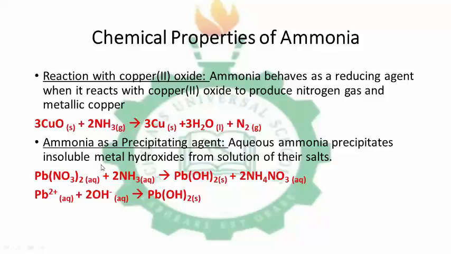Now, ammonia as a precipitating agent. Aqueous ammonia precipitates insoluble metal hydroxides. For example, we have the lead hydroxide and you also have the zinc hydroxide. They are examples of insoluble metal hydroxides from solutions of their salt.